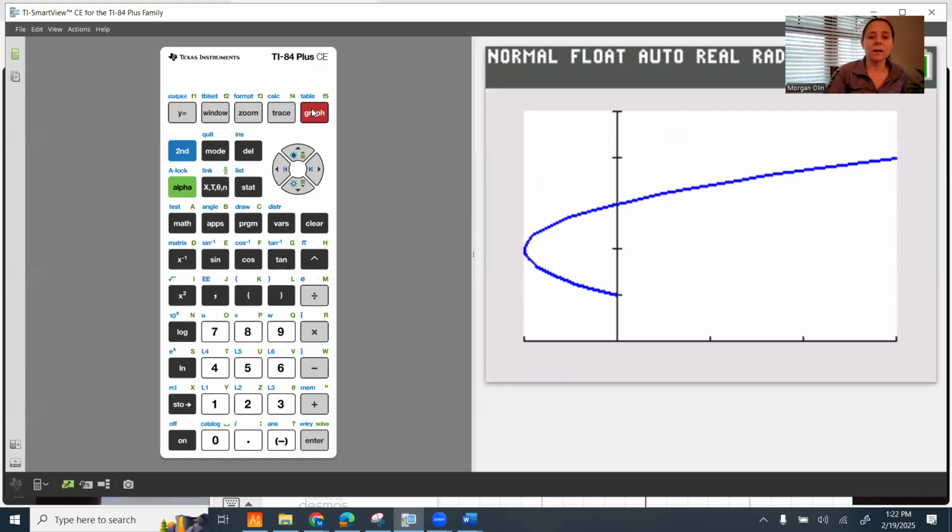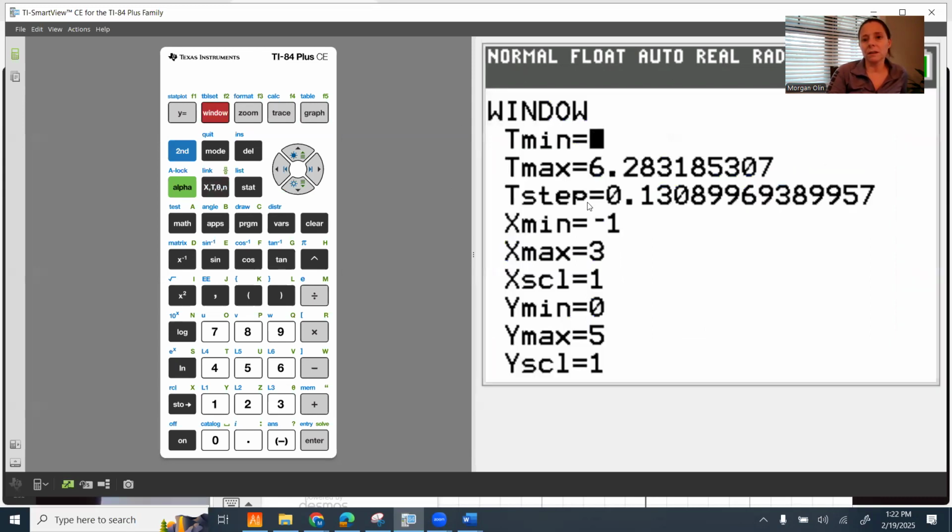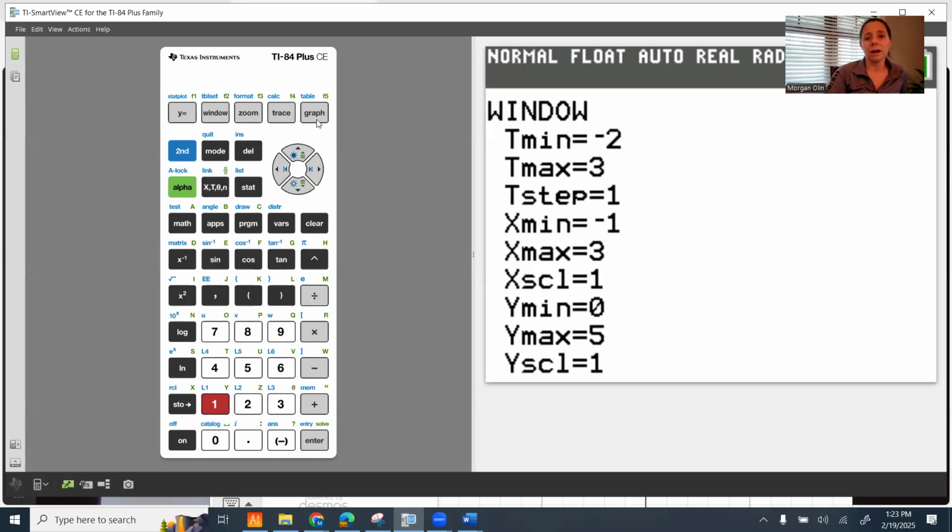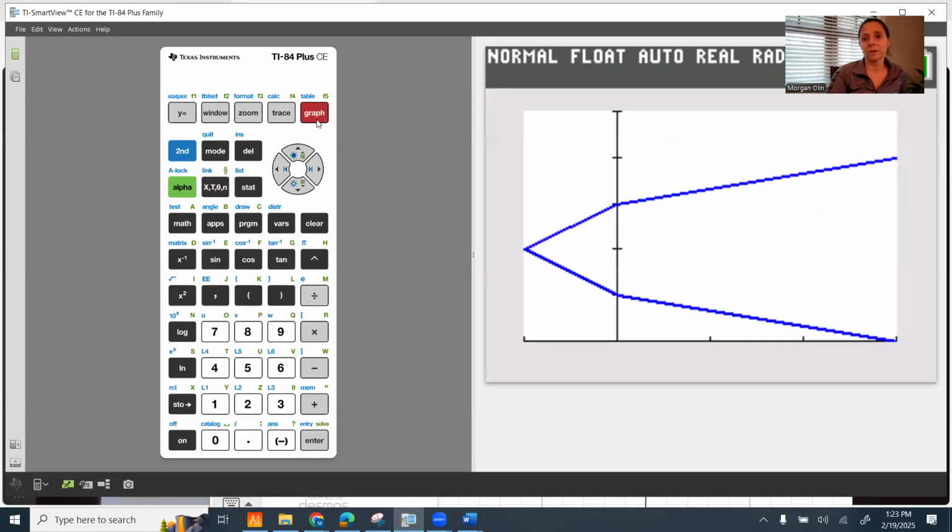Now, mine doesn't quite look the same because I had it come in here. But if you go to your window, you can see where you want your t's to start. Say I started my t's at -2, and then ran it to when t equals 3, with a step of 1 for t. Graph it. That looks really bad.